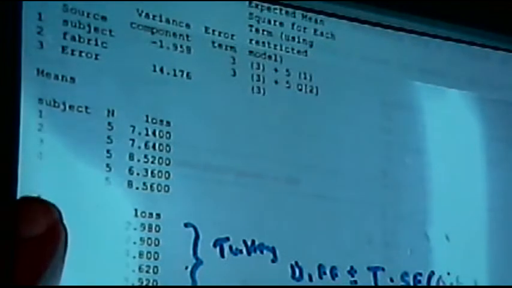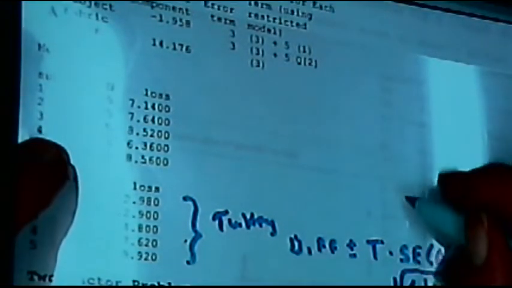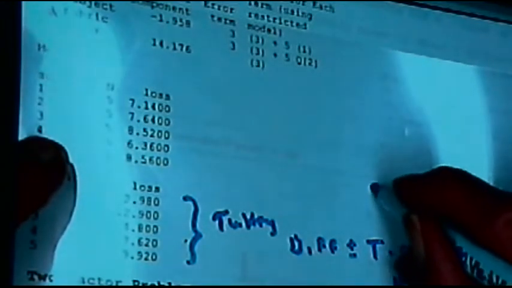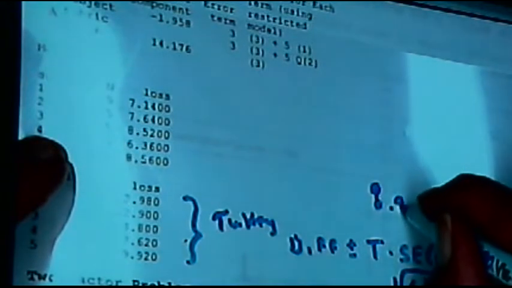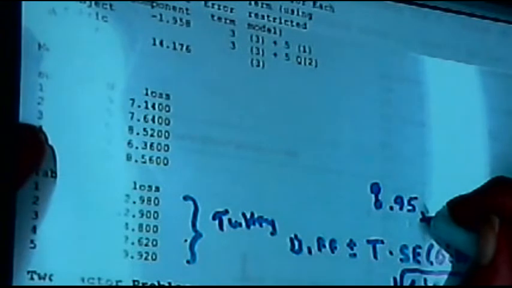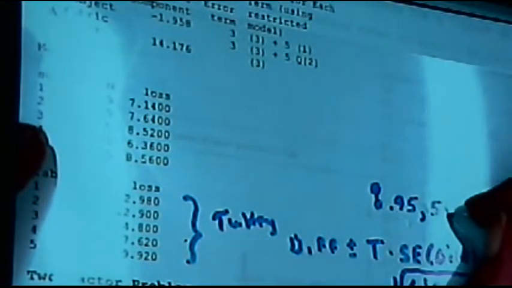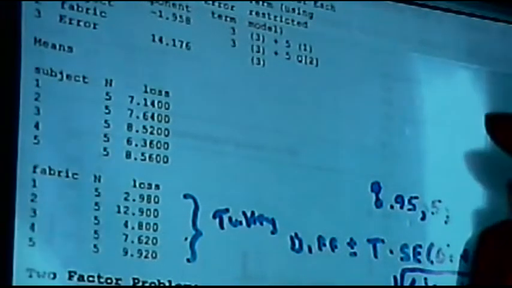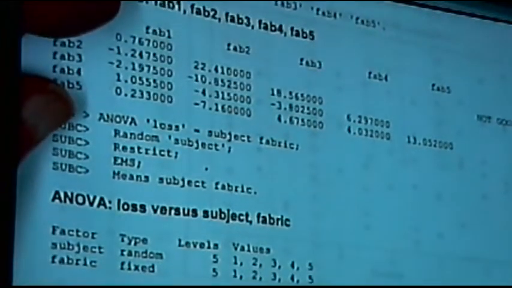Then we'd have to get the piece from the Tukey table, and that would be called what? Q, let's say we want 0.95 for the confidence. We have 1, 2, 3, 4, 5 groups, and the degrees of freedom for the error is, let's go back and look it up. 16.